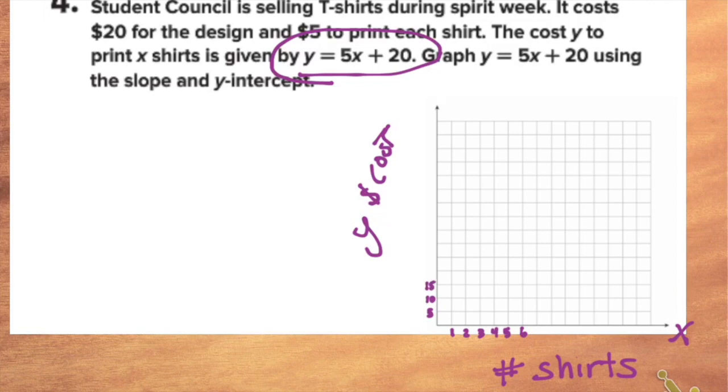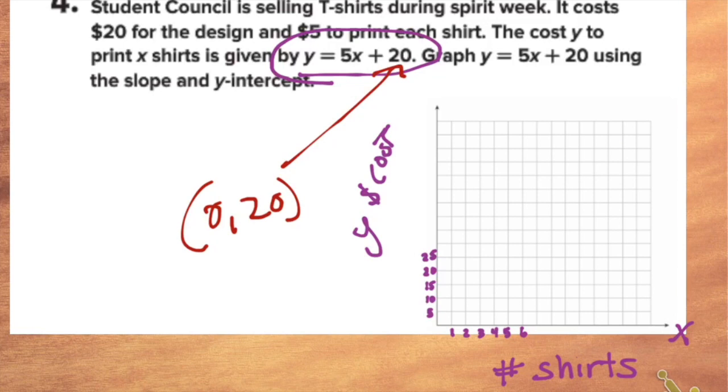You really can count by whatever you want, as long as it's consistent. And then I'm looking at that equation. In that equation, my y-intercept is 20, so that means the ordered pair (0, 20). So I'm going to go to (0, 20) and put a dot. That's my y-intercept where that line crosses the y-axis.